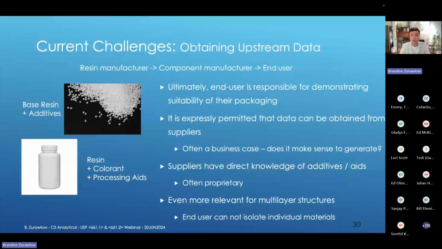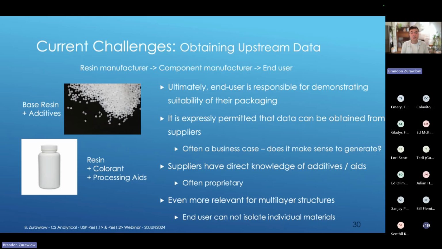And so it often becomes a business case for these resin and component manufacturers. Does it make sense from a business perspective to generate that data and be able to include that when selling to certain customers, for example, the pharmaceutical industry, and what percentage of their business is pharmaceutical versus food, where 661 might not be relevant.